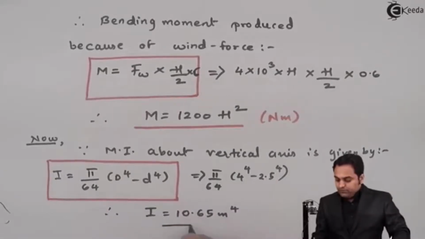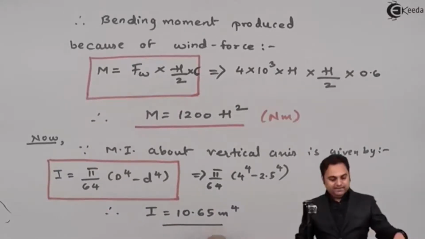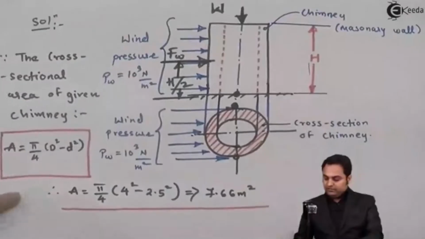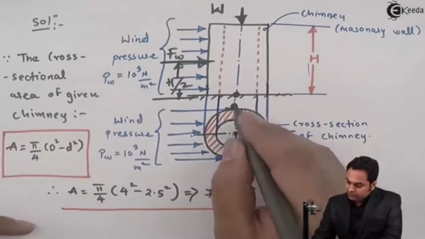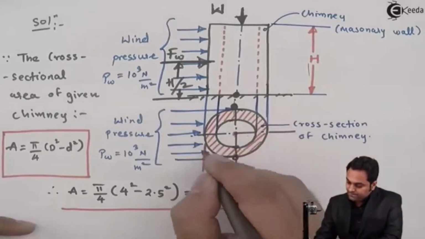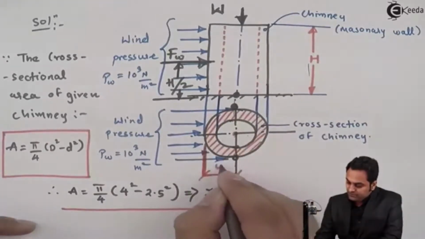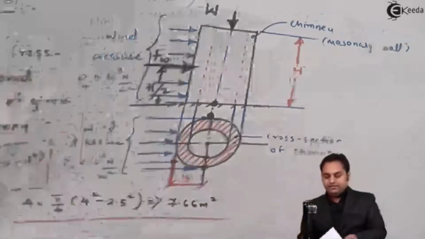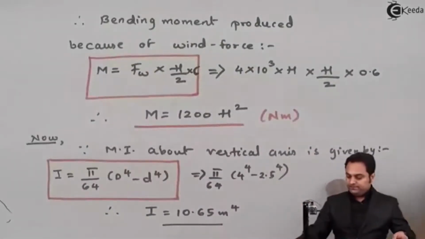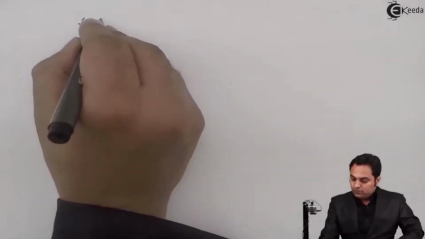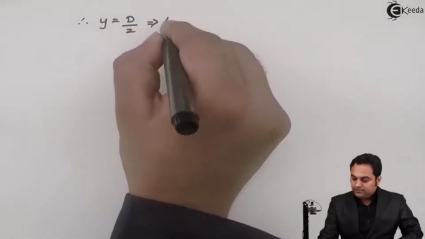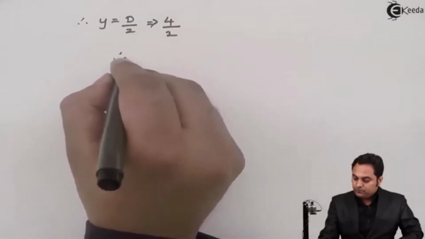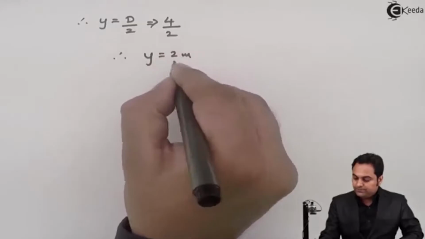Now after getting I, this moment of inertia we had calculated about the vertical axis, and the distance from this vertical axis, this is nothing but y, so it is capital D by 2. Therefore y is equal to capital D by 2, capital D is 4, so y becomes 2 meter.